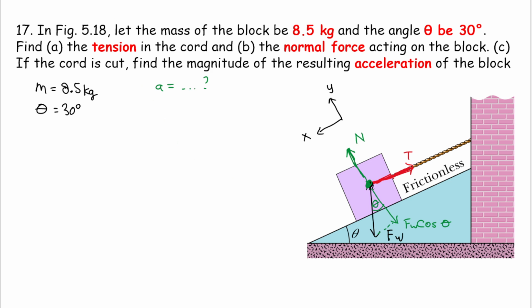But we can also project it onto the x-axis here. Okay, and because this is cosine in the y-axis, in the x-axis we will have sine of it, right? So let's just do it like that. So I will have the weight of the block multiplied by sine theta.